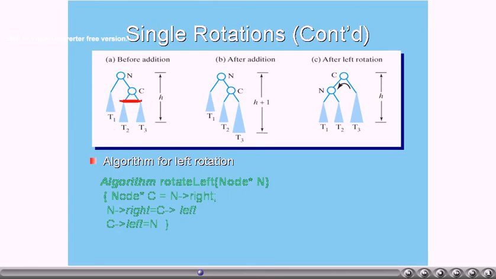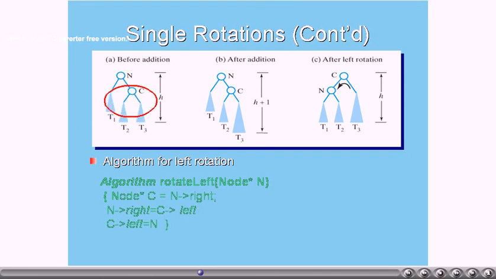Similarly, consider this situation. Here we have two nodes N and C. N has a left subtree of height h minus 1, and the node C has left subtree and right subtree T2, T3 of height h minus 1.